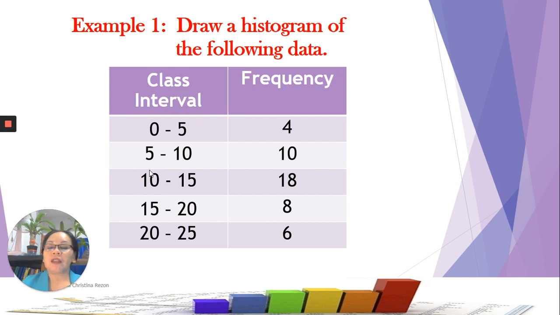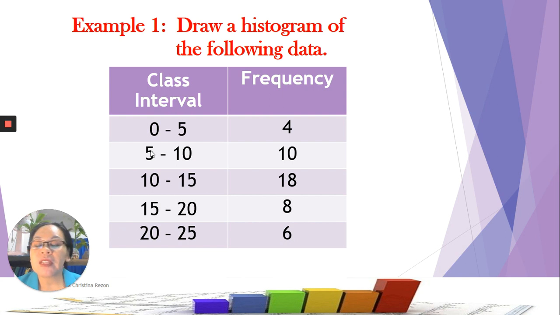If we are going to make a general statement for this, then we can say that the upper limit of the preceding class interval is equal to the lower limit of the next class interval.